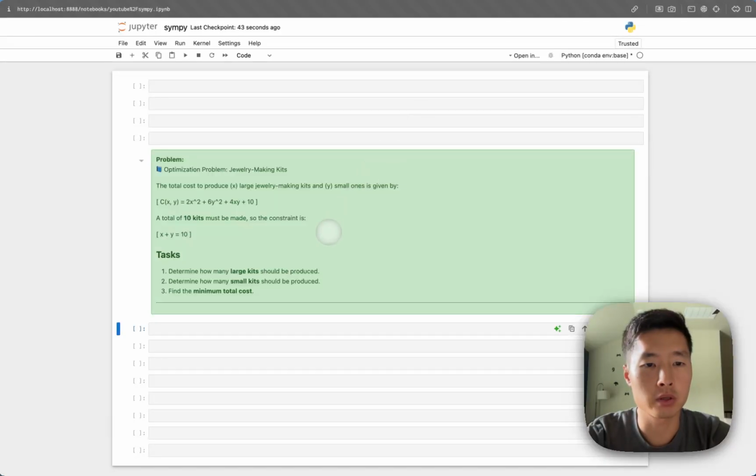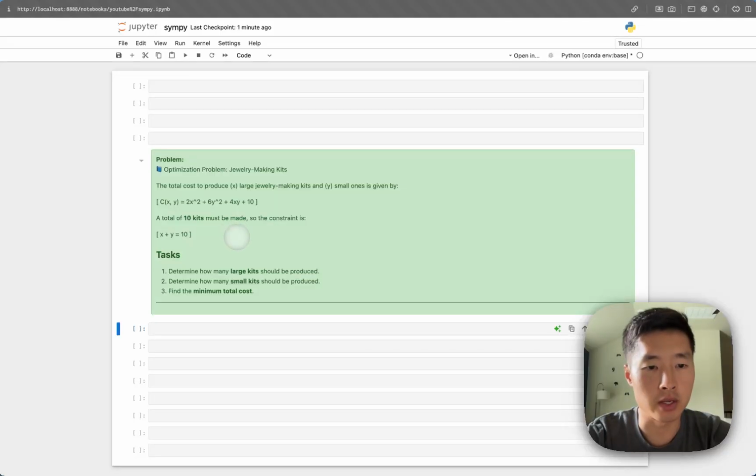So the total cost to produce x large jewelry making kits and y small ones is given by the function c(x, y) equal to 2x squared plus 6y squared plus 4xy plus 10.